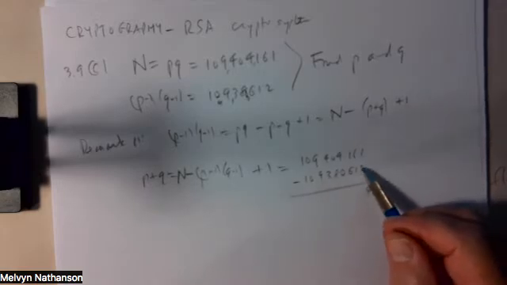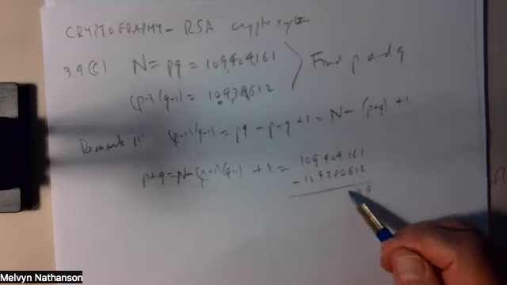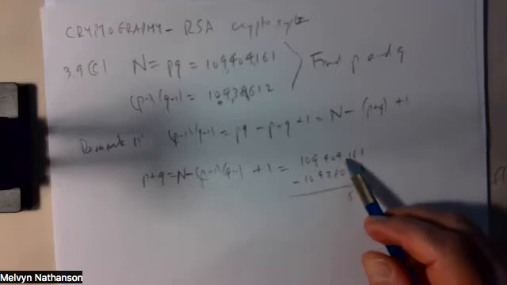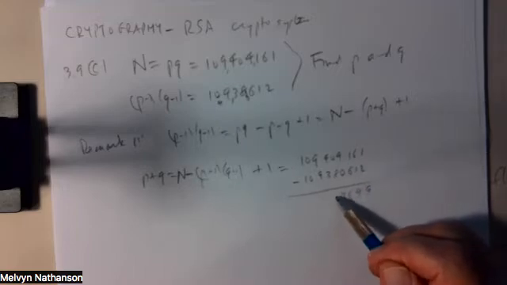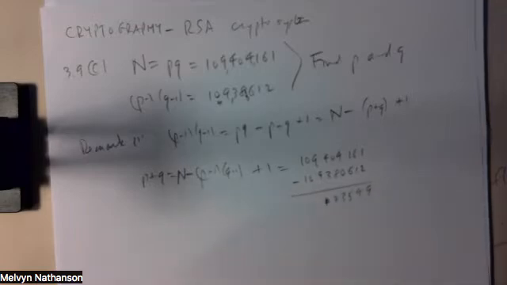If I subtract, what do I get? 11 take away 2 is 9. 5 take away 1 is 4. 11 take away 6 is 5. 3 take away 0 is 3. 2, 0. Hope that's right.